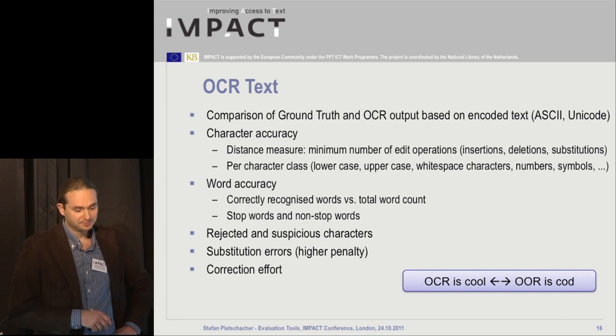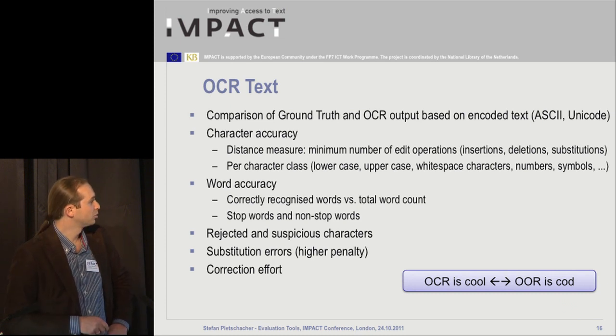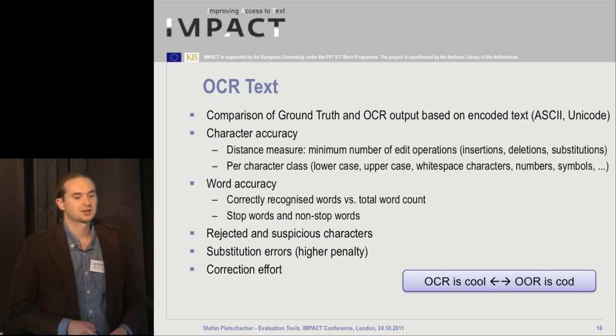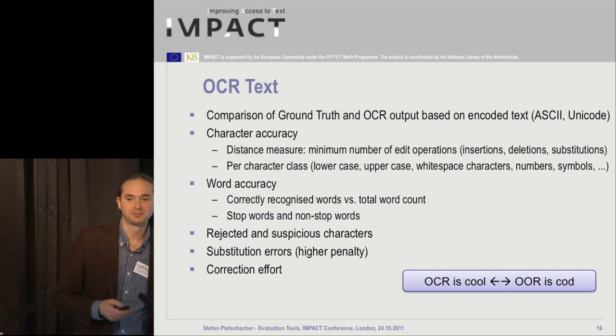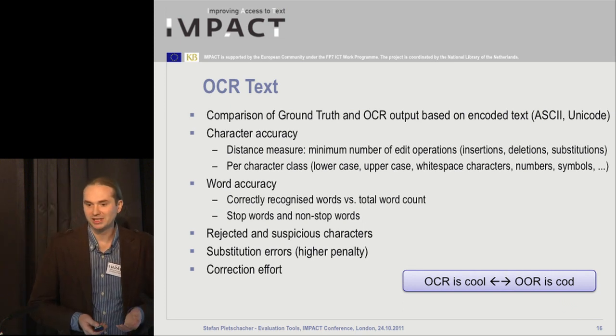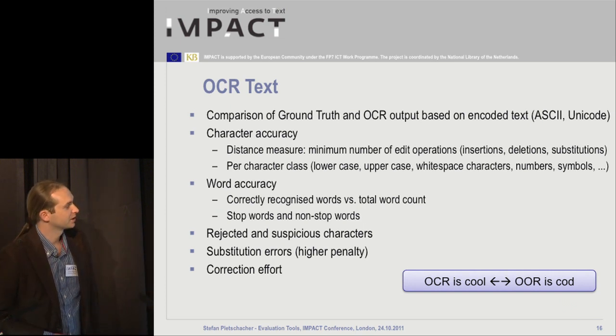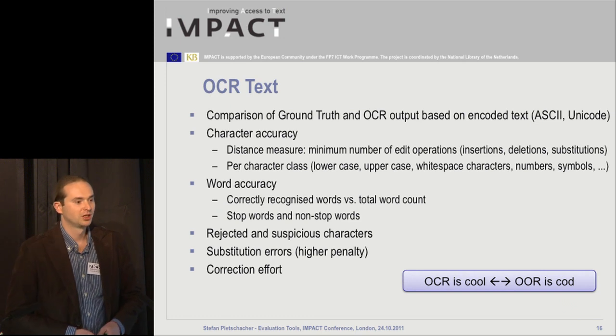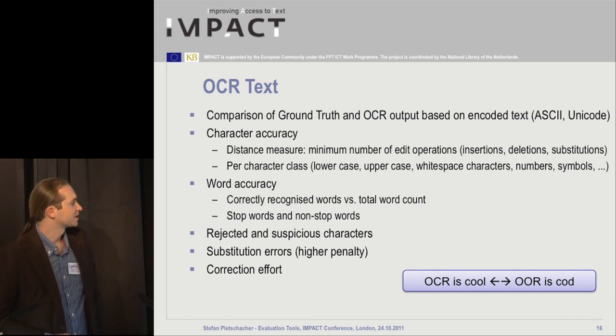Word accuracy is very important. We've seen that before, because in this case, there's an error here, an error there, so those two things. So that means it's still an accuracy of 33%, but it's not really useful because that is actually a stop word. So when it comes to some full text search or keyword search, that wouldn't really return very good results.